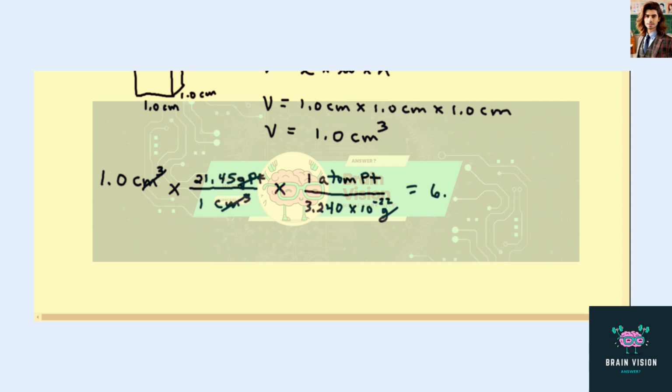That is going to be 6.6 times 10 to the 22nd. I rounded to just two significant figures because our initial measurement of the box was only given in two significant figures. All right, so this is our answer for part A. This is how many atoms are in that box.